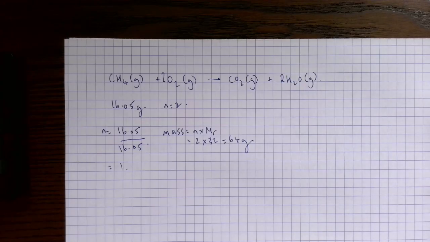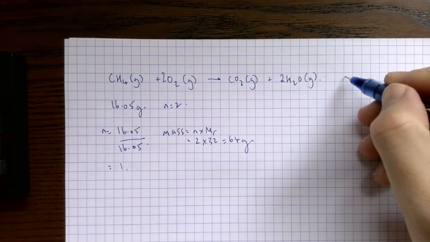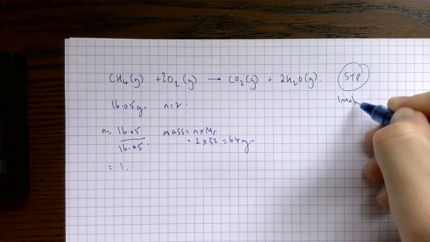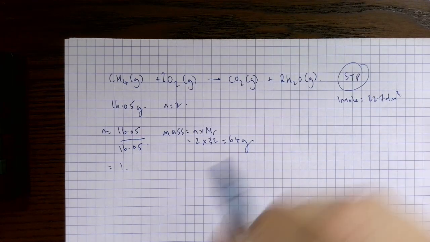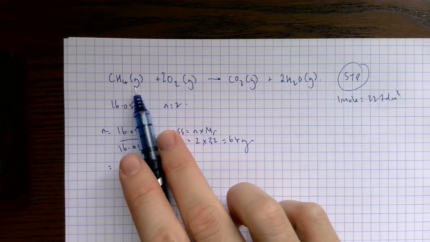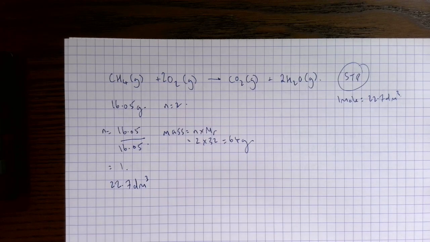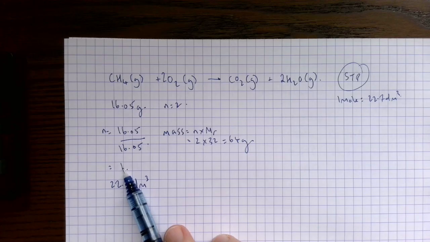So let's do this all at STP, which means that 1 mole equals 22.7 decimeters cubed. So it's more likely that rather than say 16.05 grams of methane, I'm going to say 22.7 decimeters cubed of methane, because that 22.7 decimeters cubed has a mass of 16.05, and the reason I know that is because both of these are 1 mole.